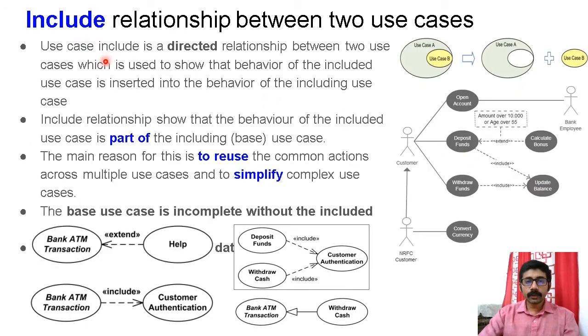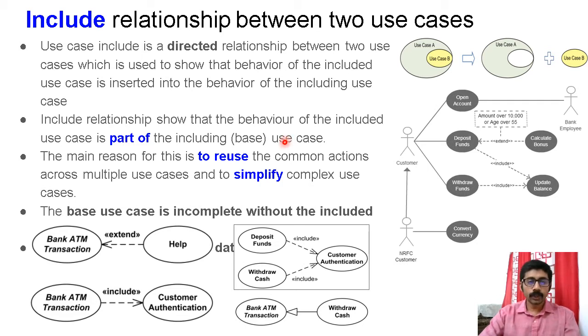Next one is include relationship between two use cases. Use case include is a directed relationship between two use cases, which is used to show that the behavior of the included use case is inserted into the behavior of the including use case. The include relationship shows that the behavior of the included use case is part of the including base use case. In the case of extend, it was optional to insert the features, but in the case of include, it is a part-of relationship.